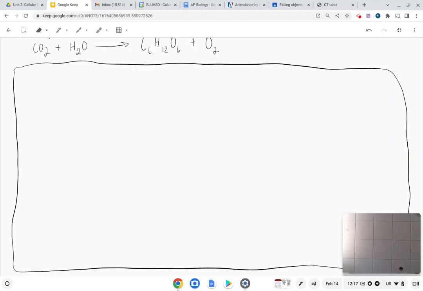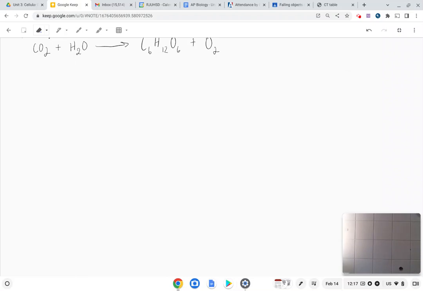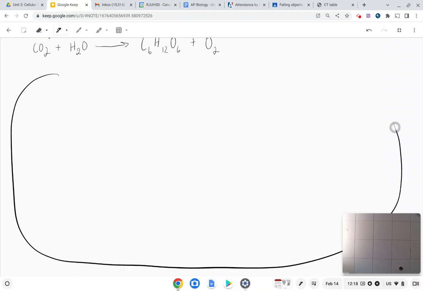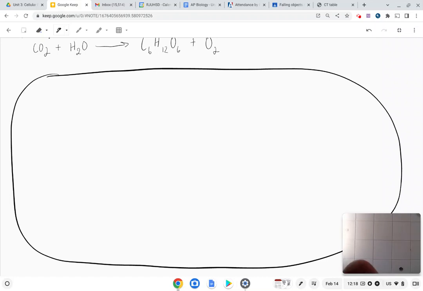I forgot, this is not an image of the cell. This is an image of the chloroplast. I always forget that. So this is actually roundish because this is not a cell. This is actually an organelle that we're looking at. So label it chloroplast, okay?